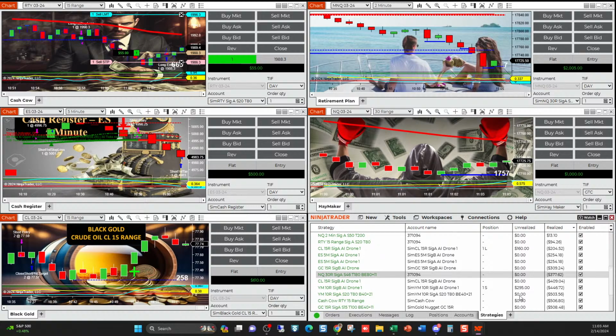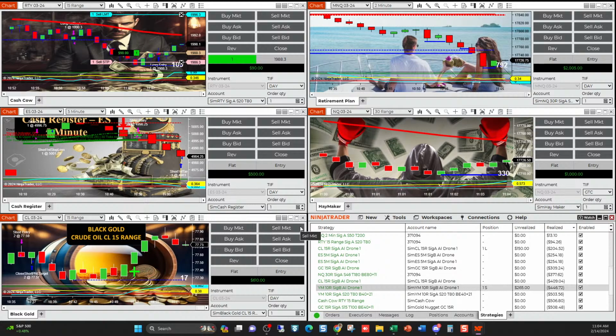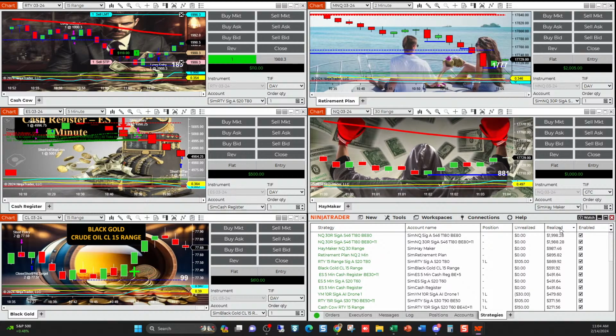Order filled. Boy, this one's relentless today, isn't it? RTY Signal A 2080. And keeps jumping in every trade. It's up 870.